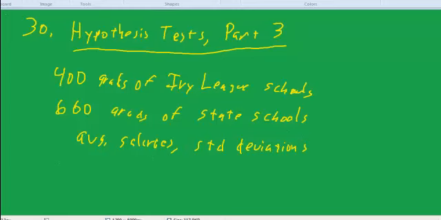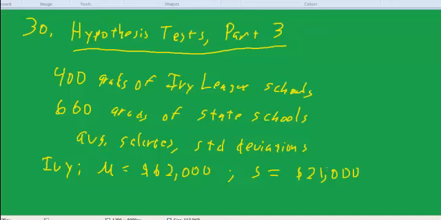For the Ivy League schools, I'll say that the average salary is $62,000, and a sample standard deviation of 21,000.